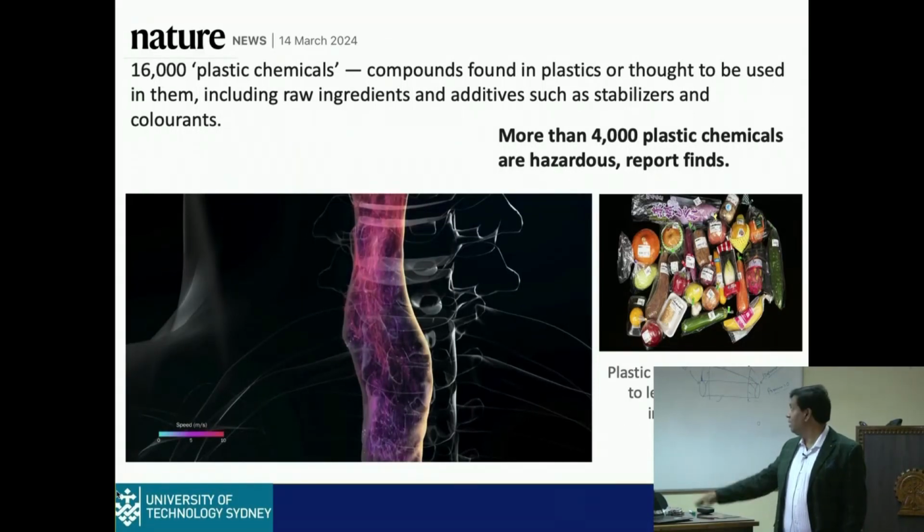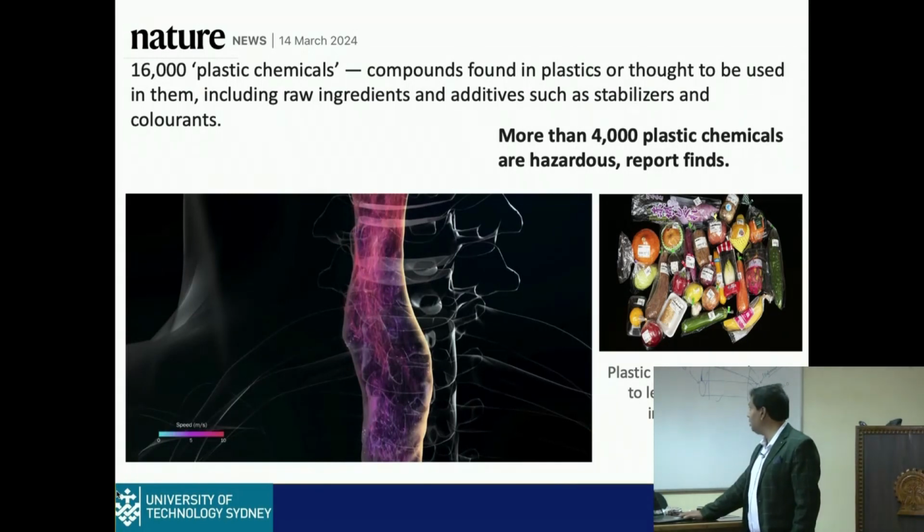When we buy vegetables from the market, they are put with a plastic cover. And plastic wrappers are known to release some chemicals into the food. So, you now understand how dangerous it is.